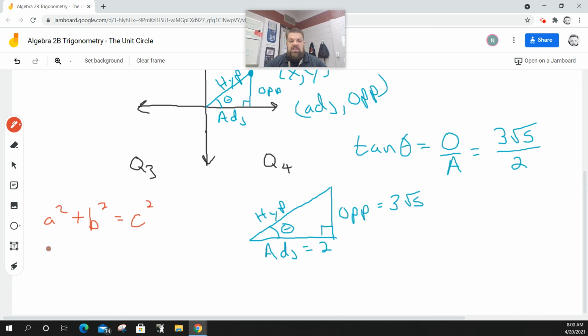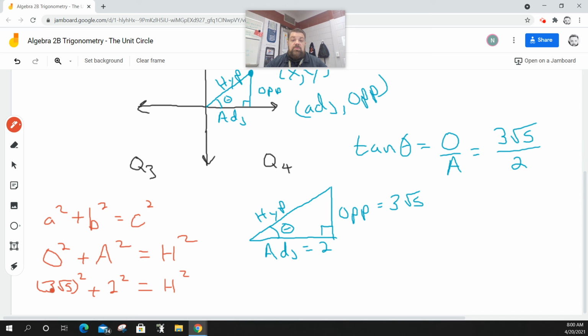Well, we could rewrite that in terms of trigonometric labels as the opposite squared plus the adjacent squared is equal to the hypotenuse squared. So now I'm just going to plug this stuff in. My opposite is 3 root 5 squared plus 2 squared, and that's equal to the hypotenuse squared.